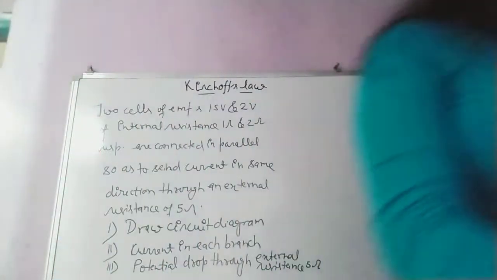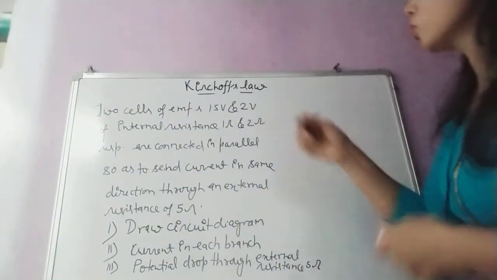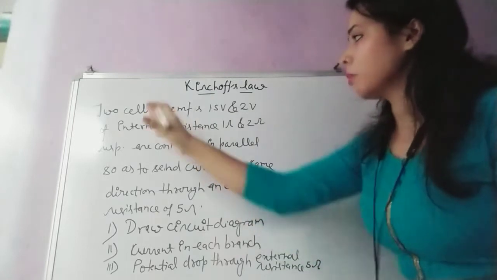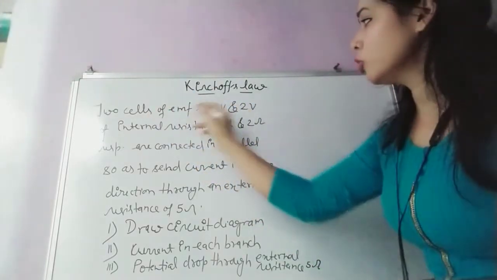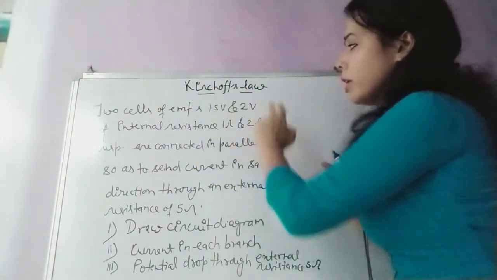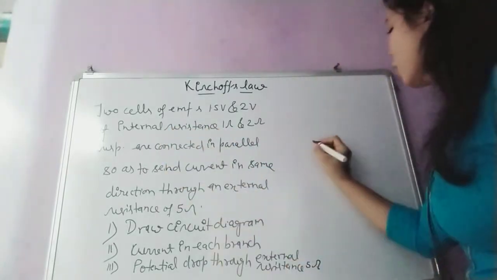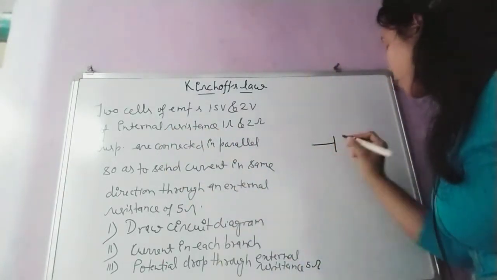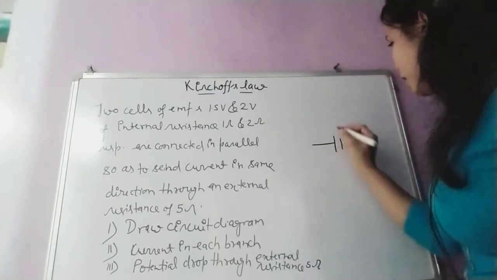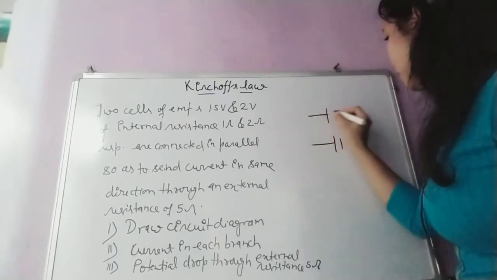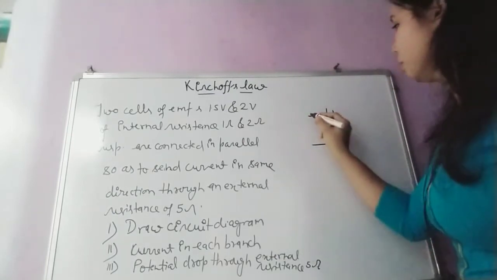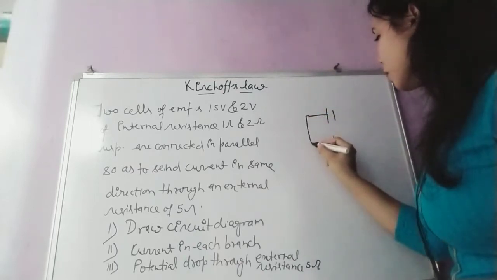So before that I will explain some method to solve. First of all, I draw a diagram. In the diagram it is said that there are two cells, 1.5 volt and 2 volt, connected in parallel. So I am drawing one cell, another cell, connected in parallel.